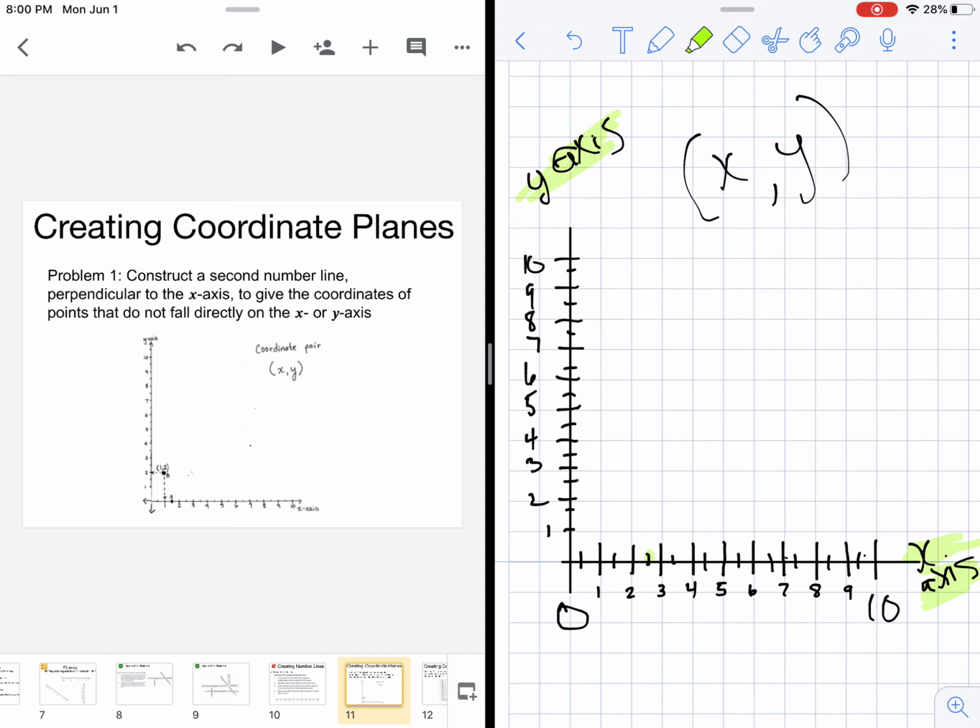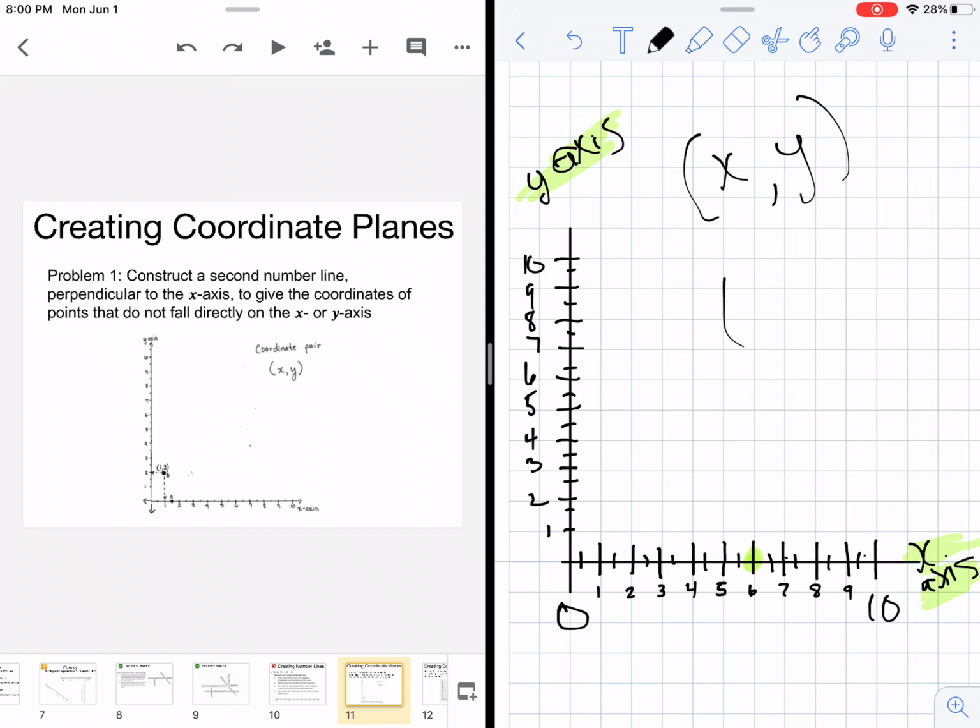So, let's do some more points. And remember these lines on your coordinate plane. Like if I were to ask you, what is this green point? That is 6 on your x-axis.